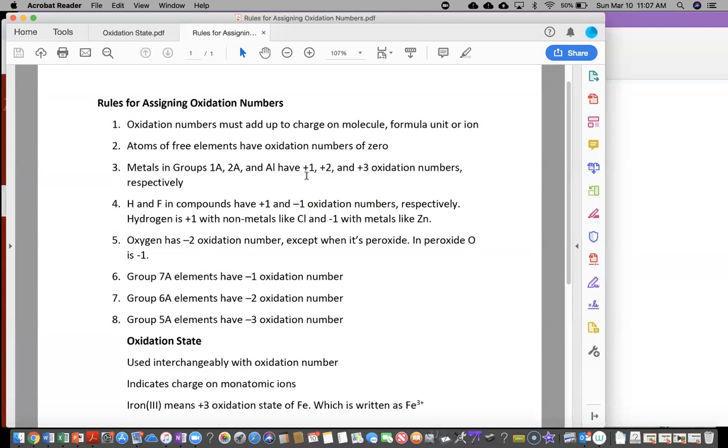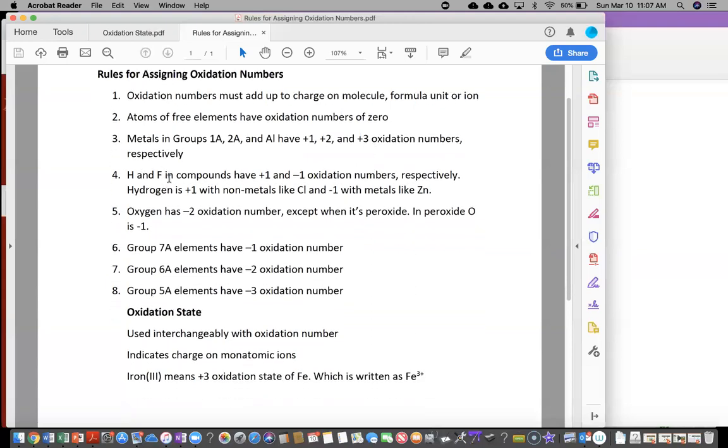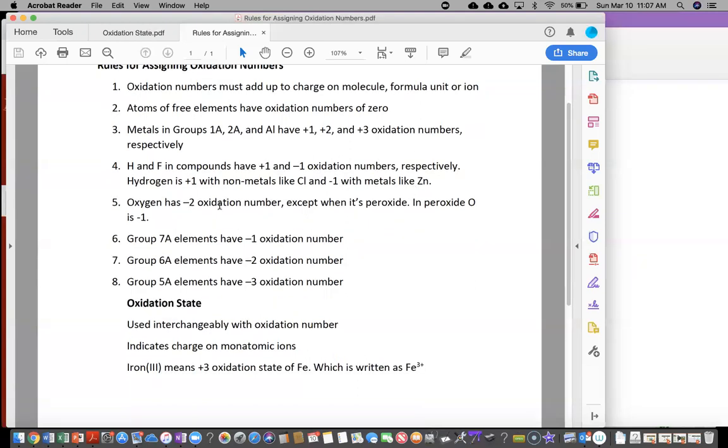And then it says H and F. H is +1 and F is -1 always. Hydrogen is +1 with non-metals, but it's -1 with metals, like the example I showed you guys. Then it says oxygen is -2, except when it's peroxide. I don't test you on peroxide, so you can skip that. But O is -2. Then it says group 7 is -1, group 6 is -2, group 5 is -3.